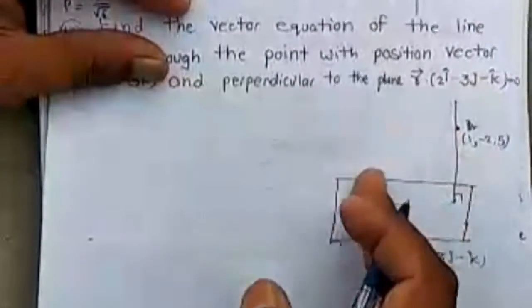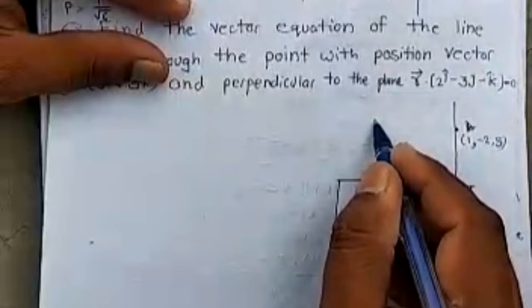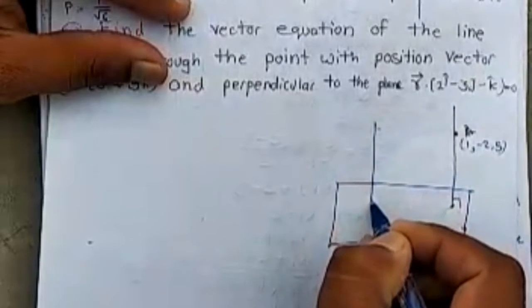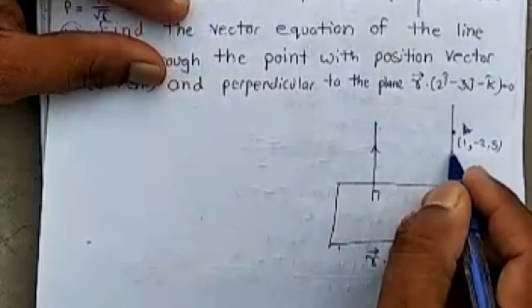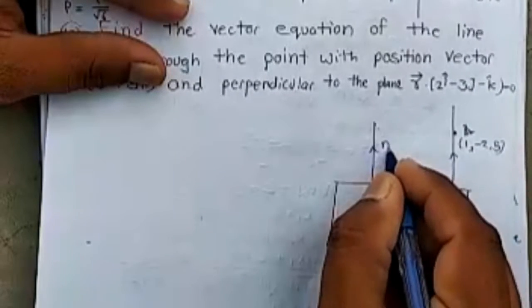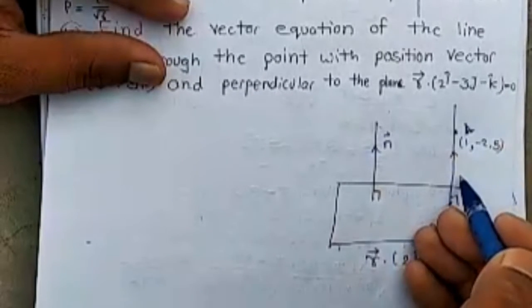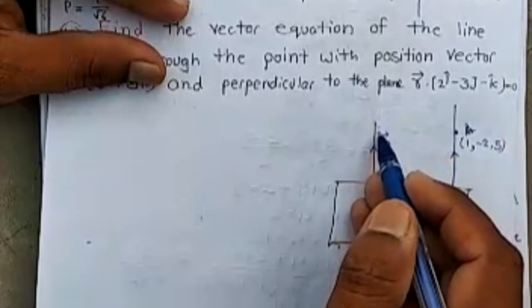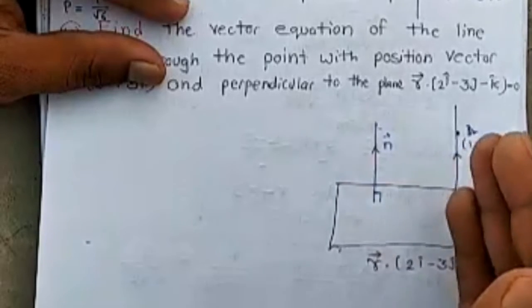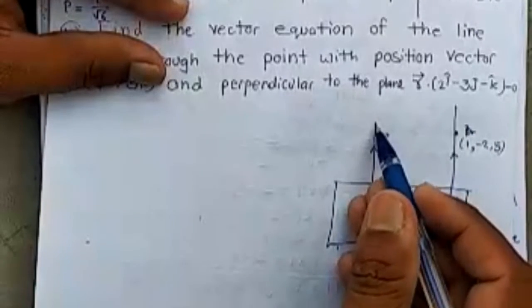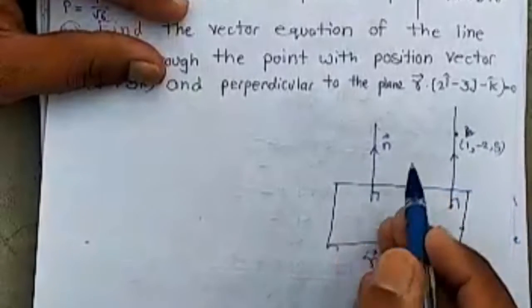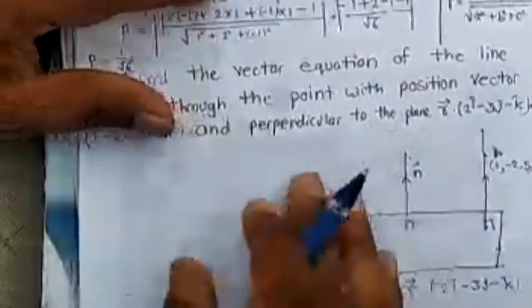Since the line is perpendicular to the plane, the normal vector is parallel to the line, means the direction ratio of the normal vector is proportional to the direction ratio of the line.